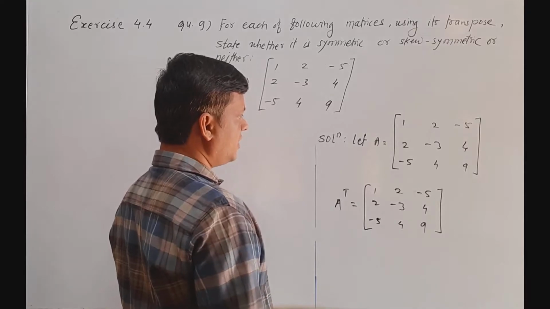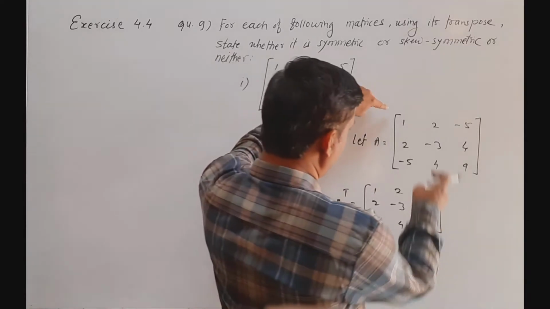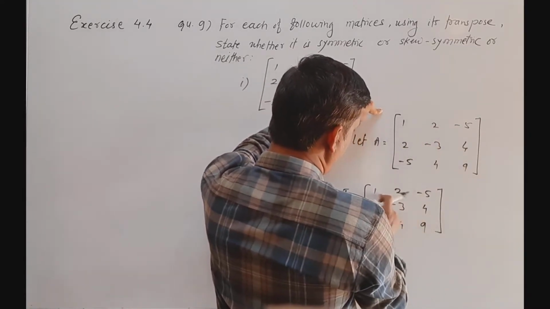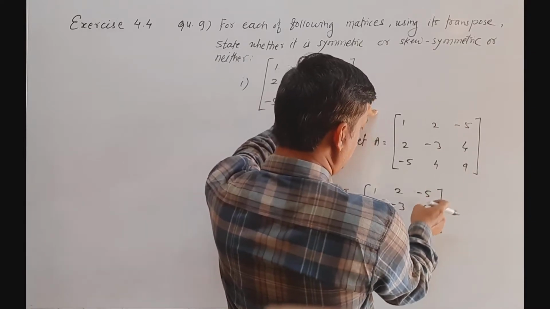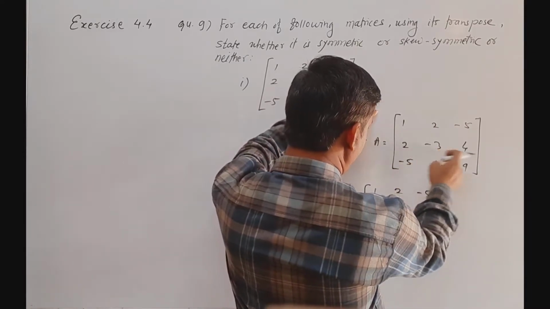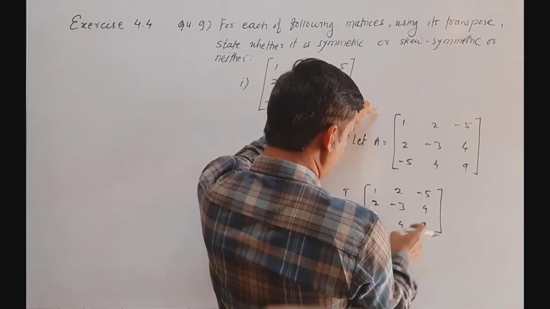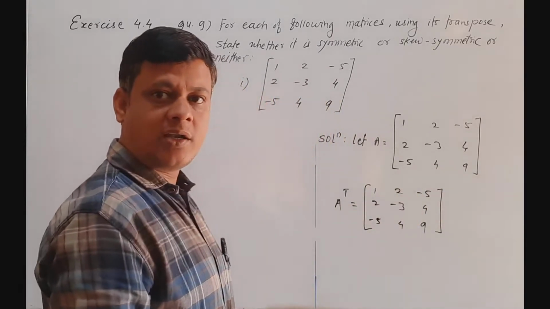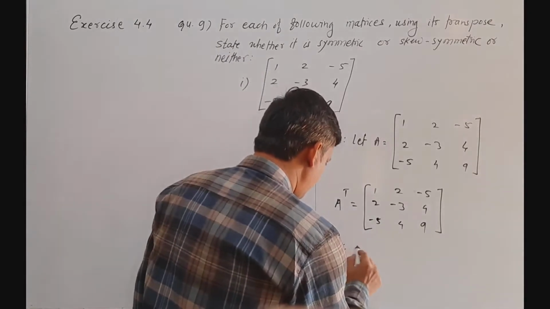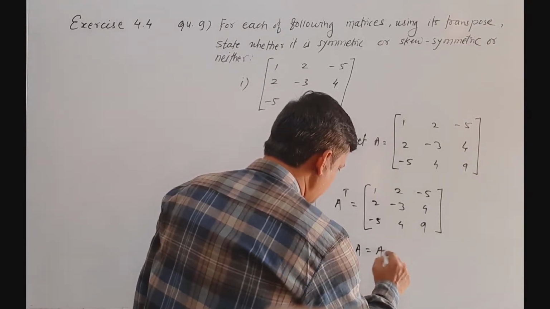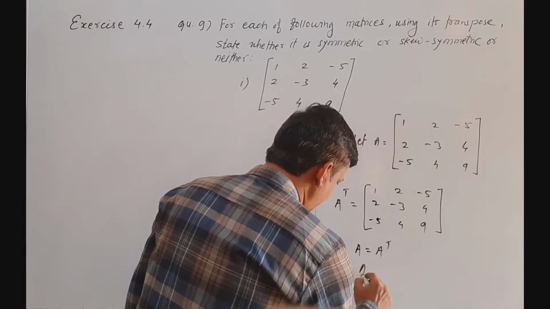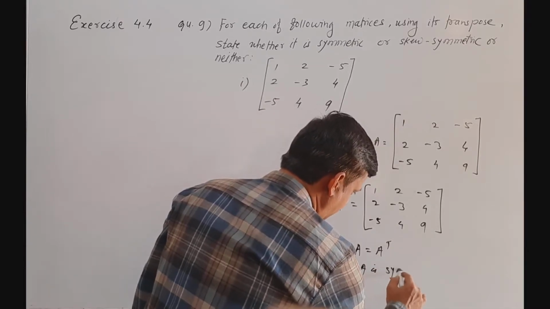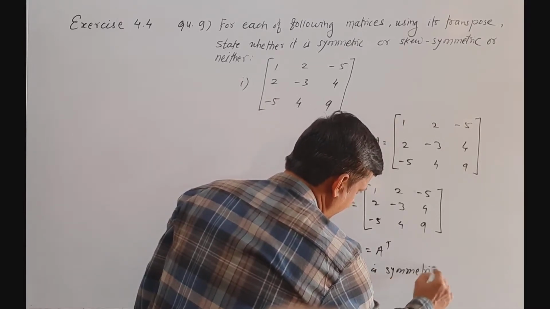Now if you observe the elements here, 1, 2, minus 5, then 2, minus 3, 4, then minus 5, 4, 9, it means after transpose we get the same matrix. So from this we say A is equal to A transpose, therefore A is a symmetric matrix.